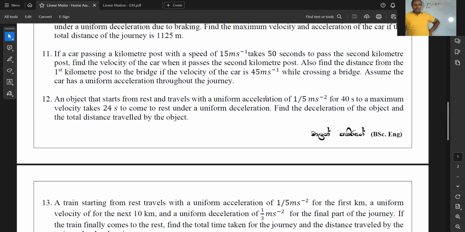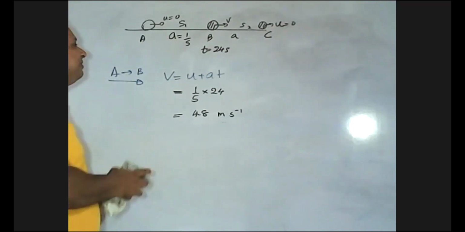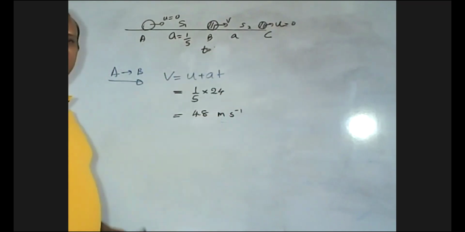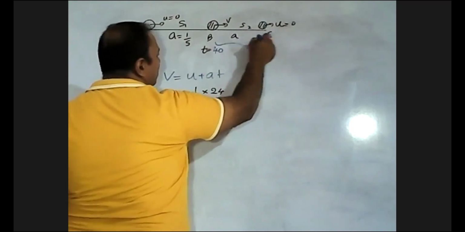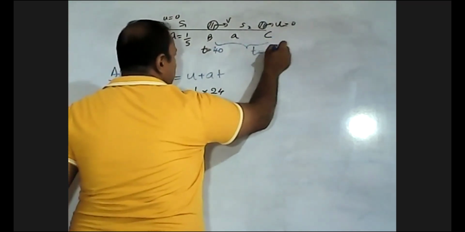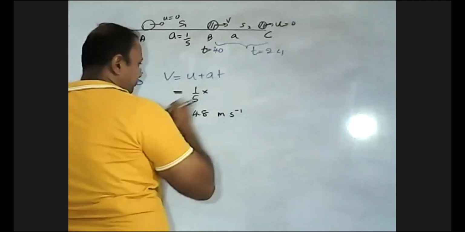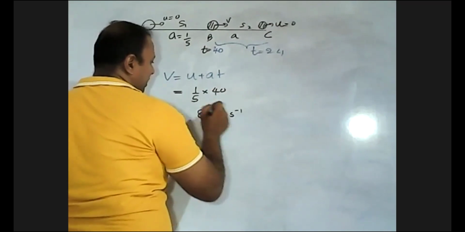This one is 40 seconds, and from here to here, T is 24 seconds. So this V is 8 ms minus 1.